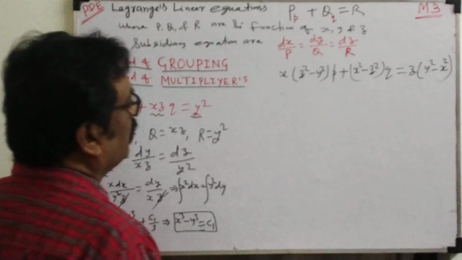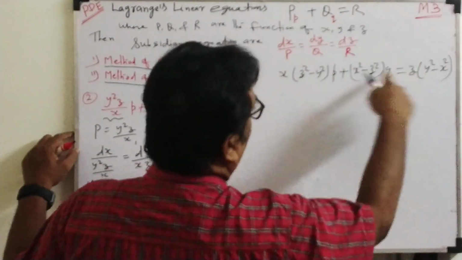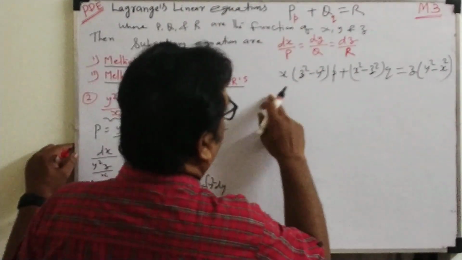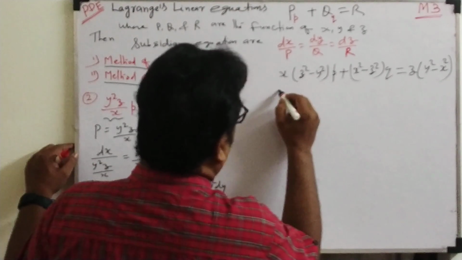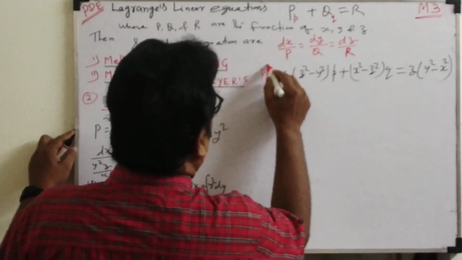This is the term given. So look here, P and Q and R are there. So this is called the Lagrange linear equation format. But see this, what is capital P here? This is the question given.